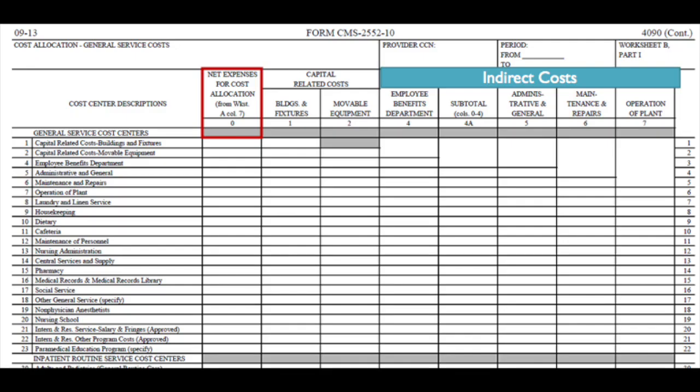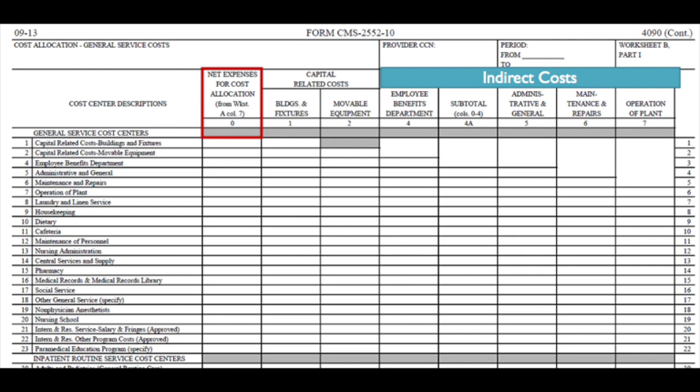So this is the beginning of the Worksheet B series cost allocation reports. There's 3 types of cost allocations that are reported. The general service costs, which we're looking at right now. There's also the cost allocation of the capital related cost, as well as cost allocation on a statistical basis.